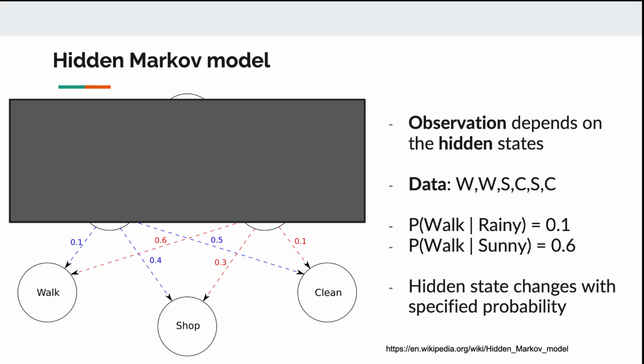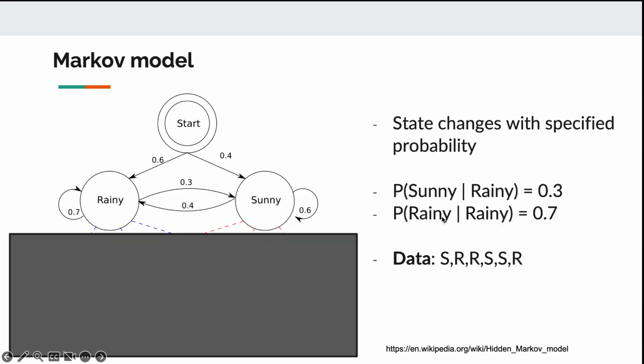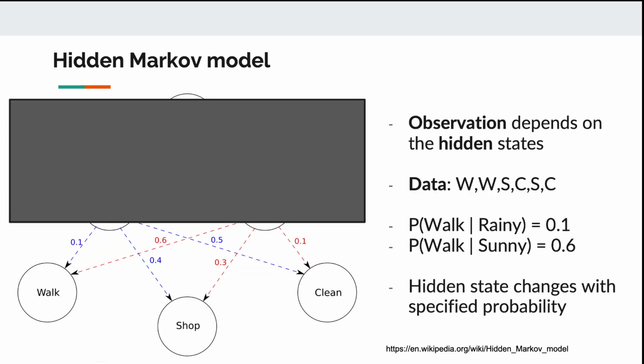The hidden Markov model is an extension of the Markov model where, in the top part, you have all the states, right? And you have all the transition probabilities, right? What's the probability of getting the next state given the first state? But with a hidden Markov model, we are assuming that what we can observe are not the states, but the outcome from the state.